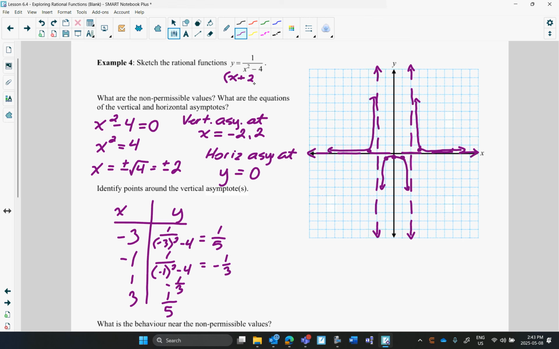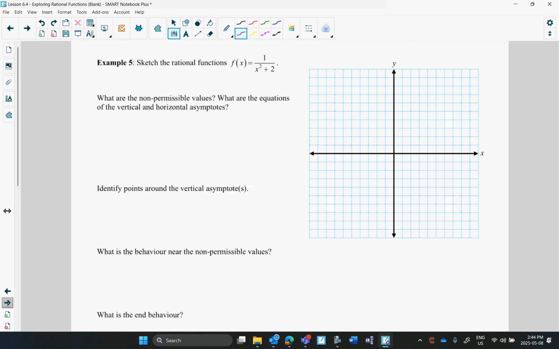Isn't it x plus 2 times x minus 2? So if we set that equal to 0, x equals negative 2 and positive 2. So I could have solved it by factoring. If the bottom can be factored, there's going to be 2 asymptotes, and it's going to look like this. What if, and this is the final one, you can't factor the bottom?